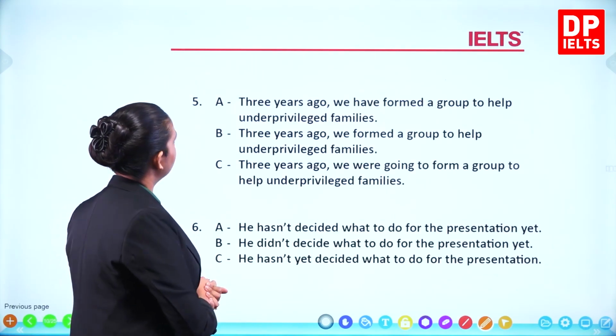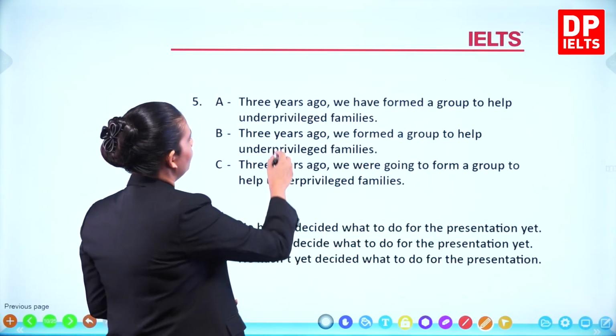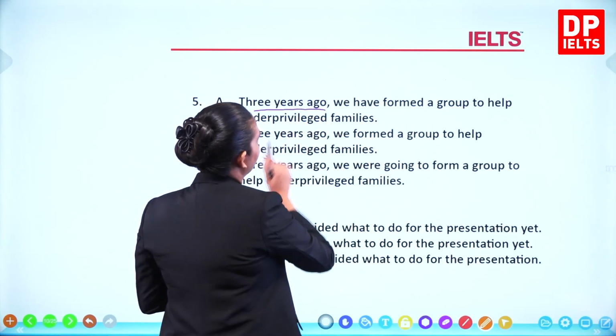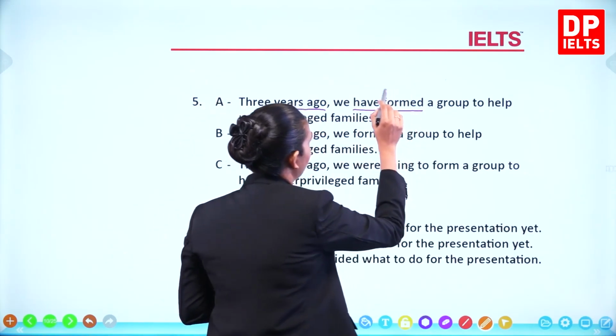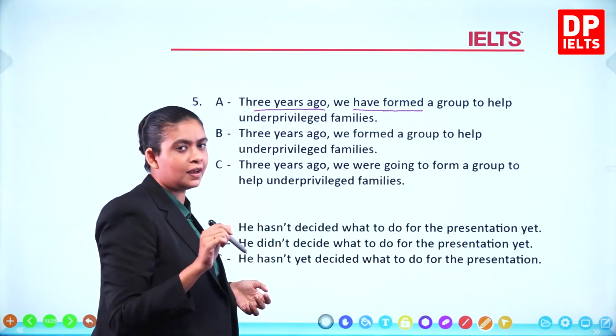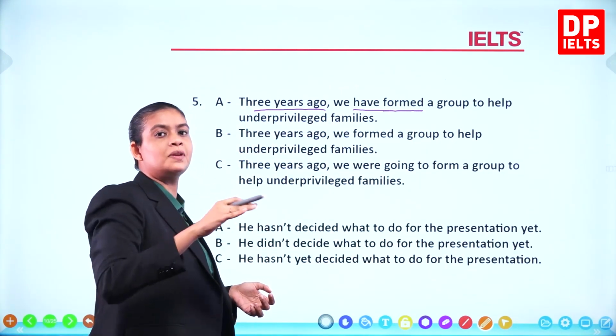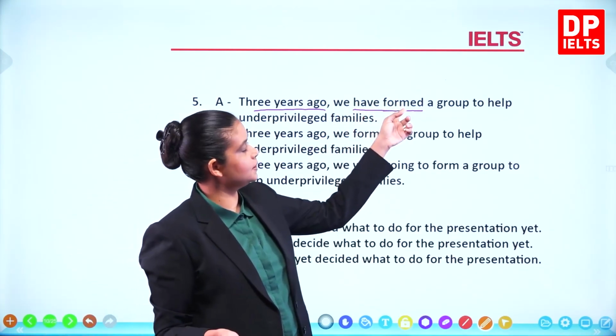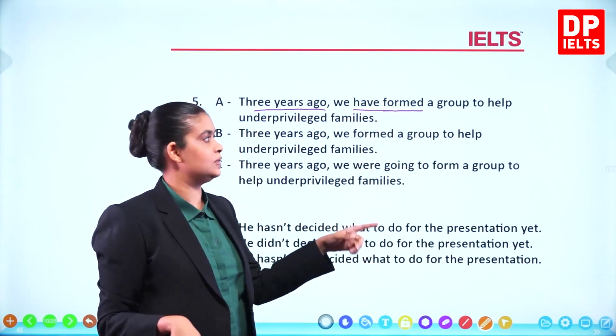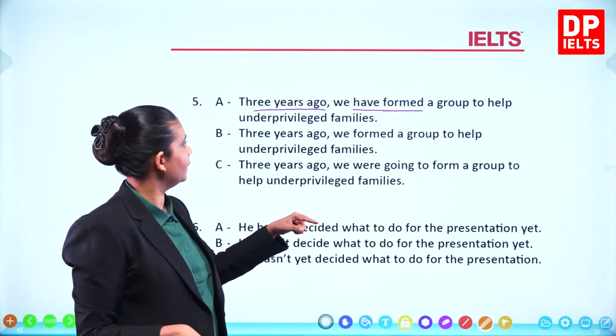Let's have a look at the fifth one. "Three years ago, we have formed" is wrong. You can't use the present perfect form, "have" plus the past participle. Why?